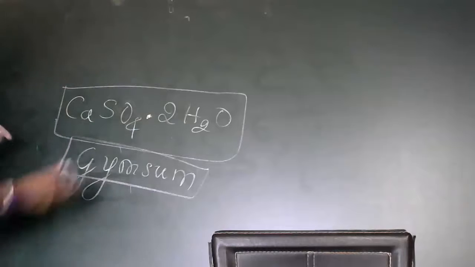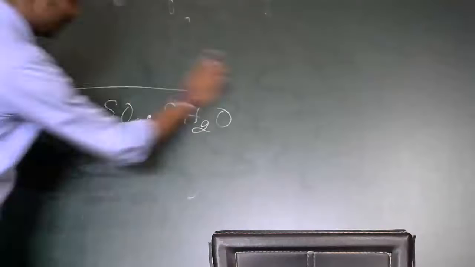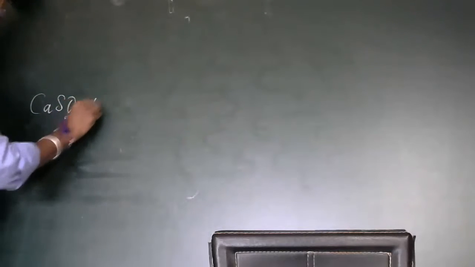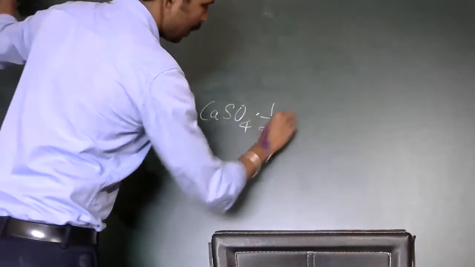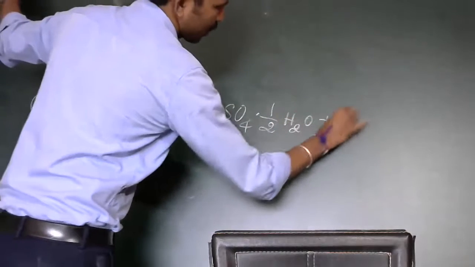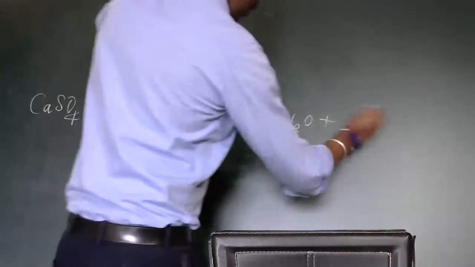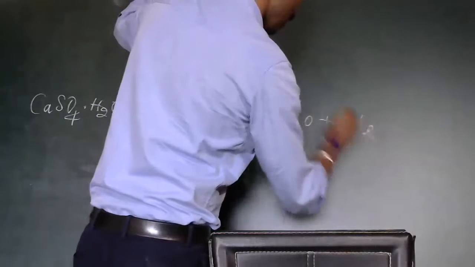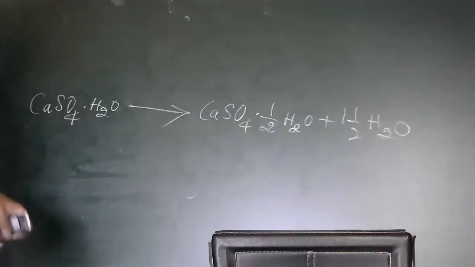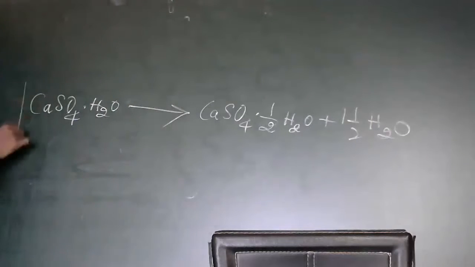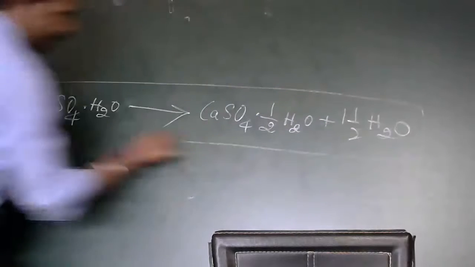This is how calcium sulfate hemihydrate is produced. CaSO4.2H2O, when you heat it, becomes calcium sulfate hemihydrate plus 1.5 H2O. So this is the preparation of plaster of Paris.